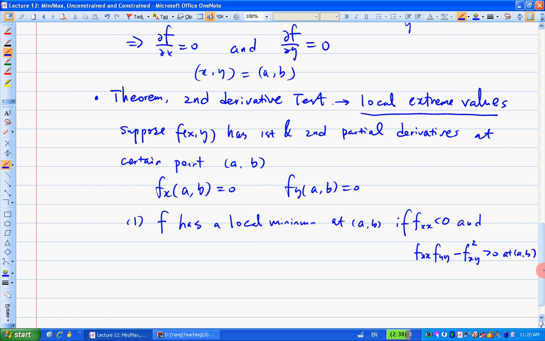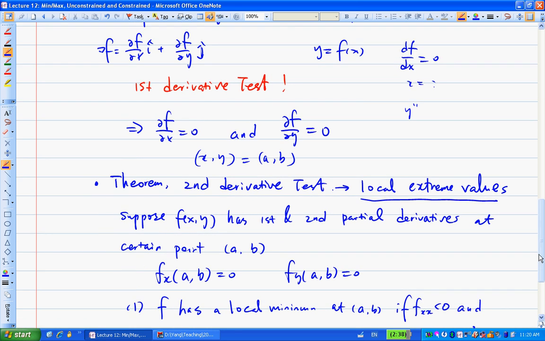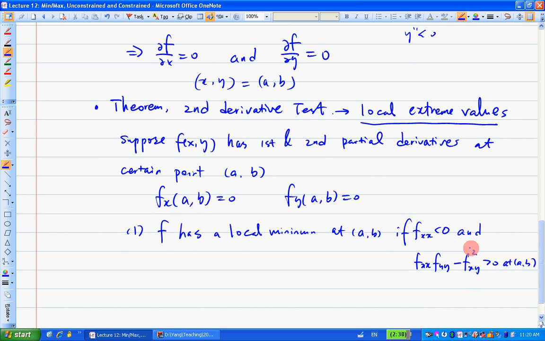As a matter of fact, if you go back to the single variable case, when y double prime is greater than 0, that x is the local minimum, right? So when you have a function of two variables, you have one more condition, which is this one here. That's the first bullet.